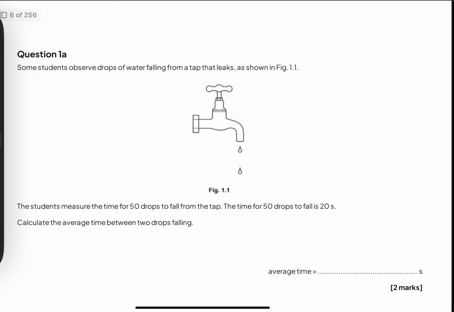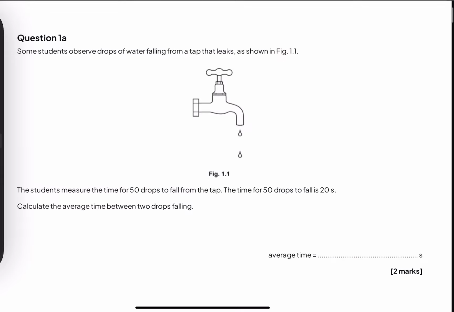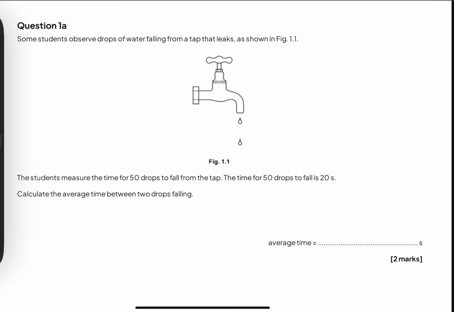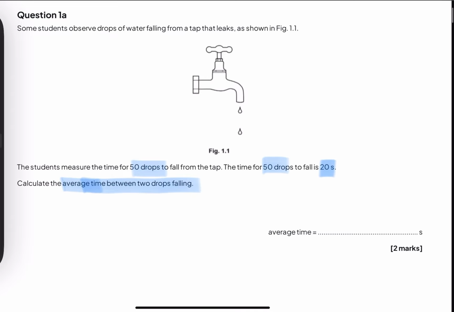Question 1a: some students observe drops of water falling from a tap that leaks. The student measures the time for 50 drops to fall. The time for the 50 drops is 20 seconds, but we have to calculate the average time between two drops. So the time for 50 drops is equal to 20 seconds.